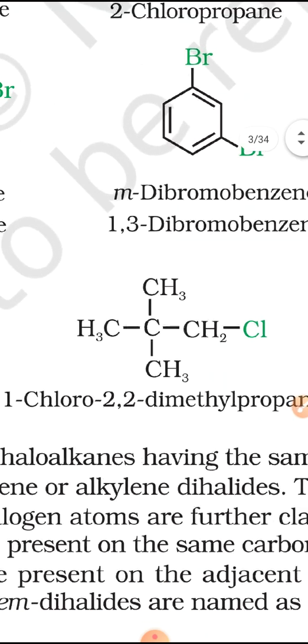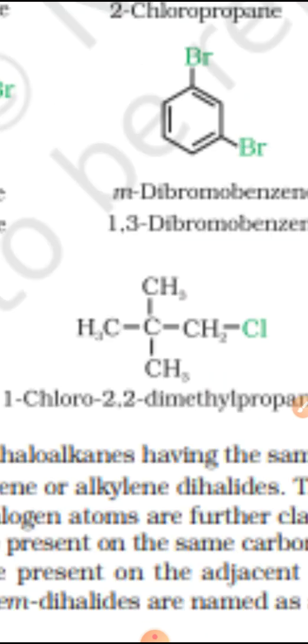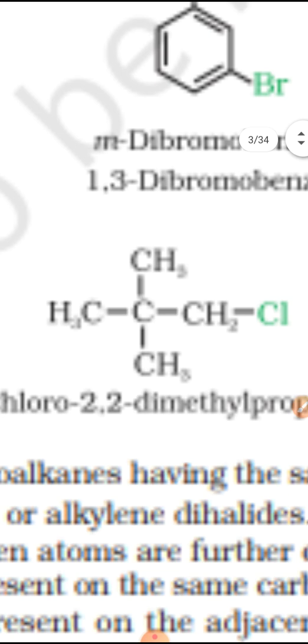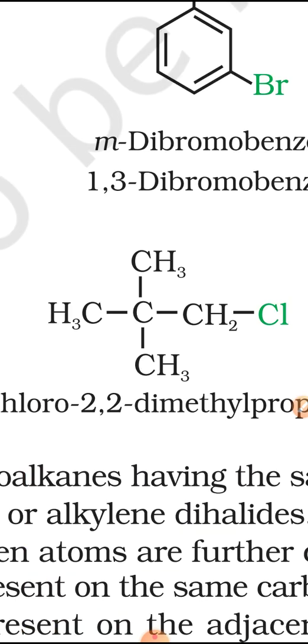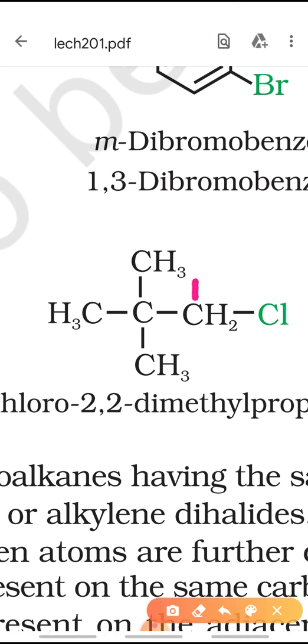in this compound again we have to start the numbering from that side from which the halogen-containing carbon gets the least possible number. So it will be carbon number 1, 2, 3. Now on carbon number 1, one substituent is there, that is chloro.